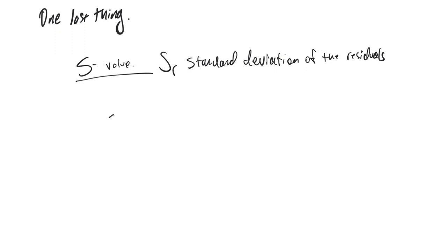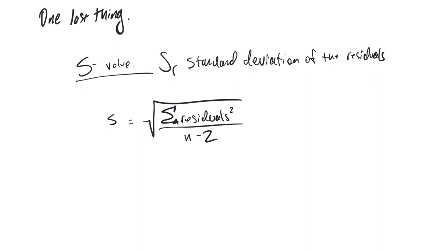By hand, it looks like this. It's the sum of your residuals squared, which should look familiar, divided by n minus 2. What that really is, is the sum of your actual y values minus your predicted y's, squared, divided by n minus 2.